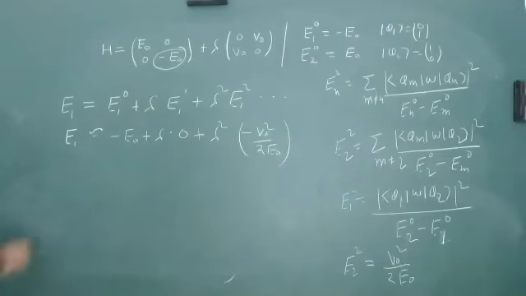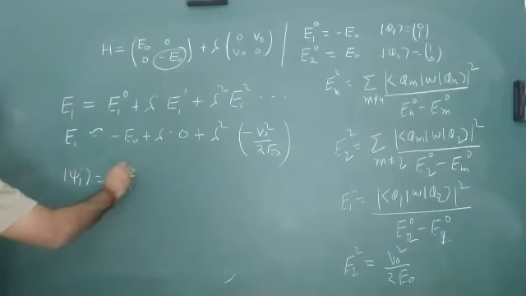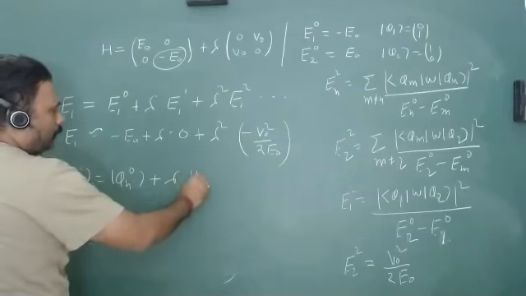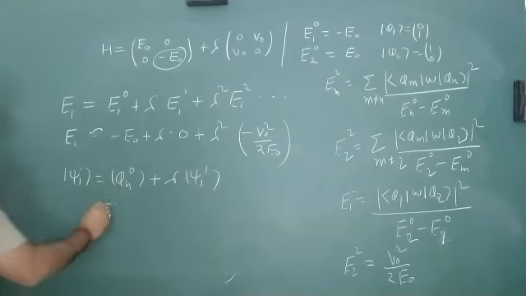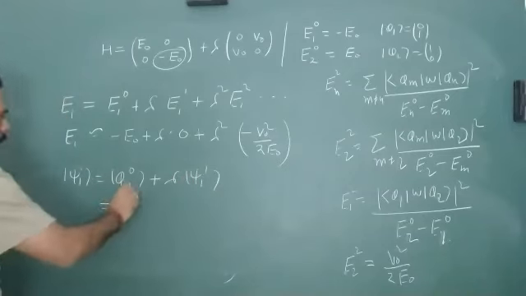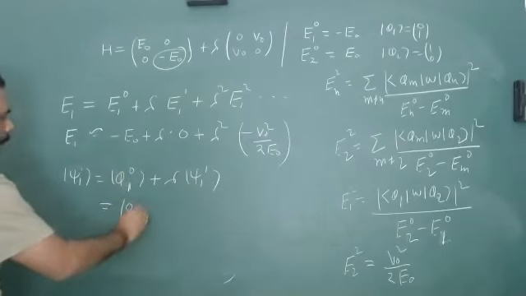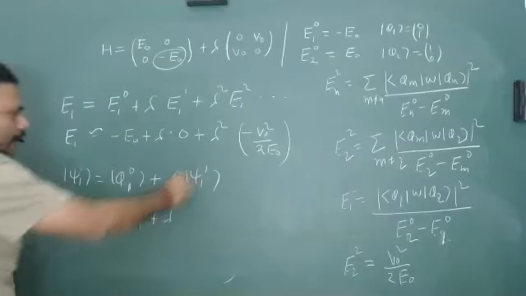And similarly, you can write psi 1. Psi 1 is equal to phi n 0 plus lambda psi 1 1. We get this phi 1, so this will be phi 1 0. What is phi 1? Phi 1 is equal to 0 1 plus lambda psi 1 1.